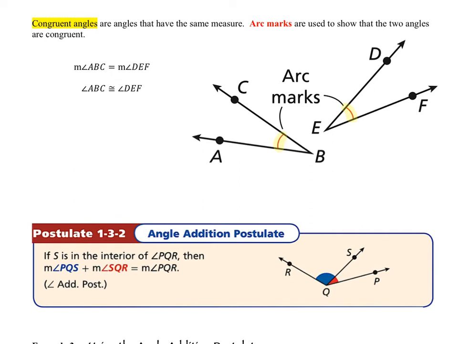Now let's say in addition to those two, we have some more angles floating around on the same diagram, such as angles XYZ and PRQ. If these are also congruent to each other and on the same diagram as congruent angles ABC and DEF, then what we would do is put arc marks on these two, but we'd put a double set of arc marks to show these two are congruent to each other.